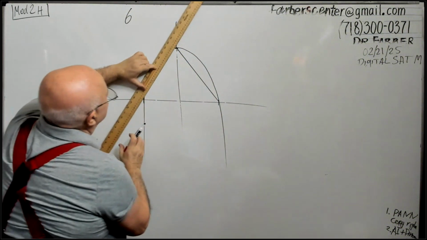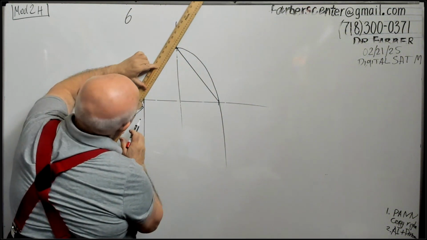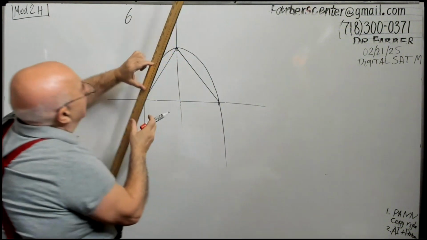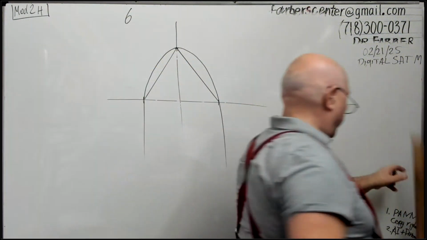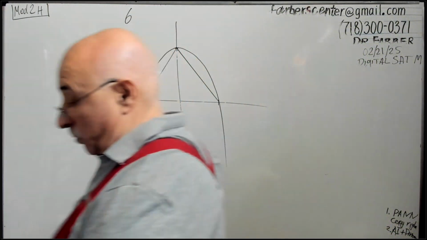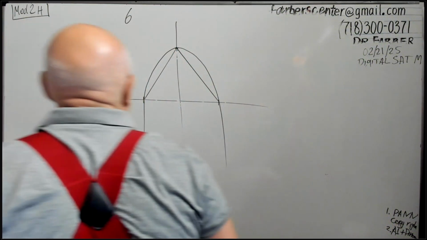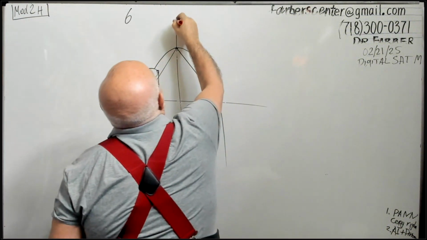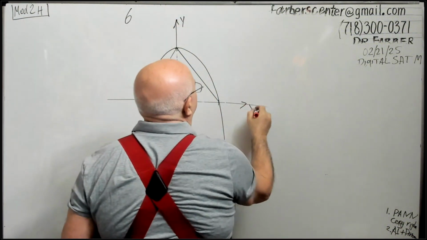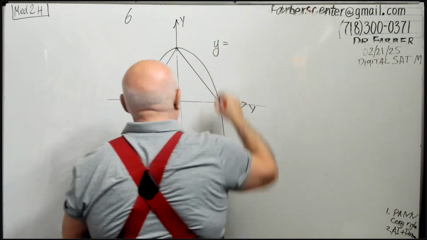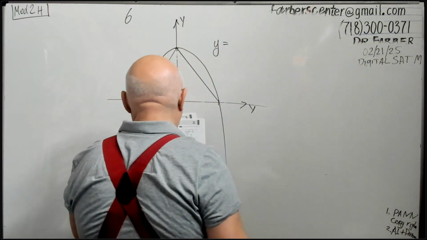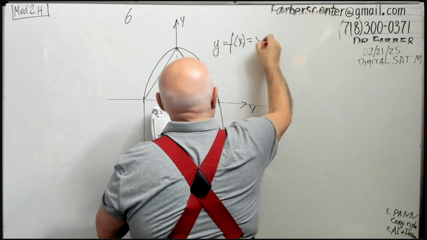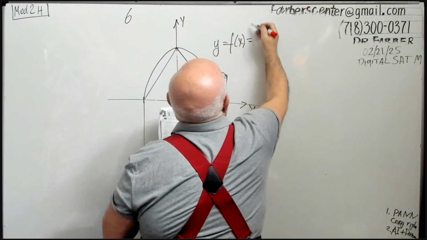And these 2 points, and this graph, they provide the equation of the graph. Y equals f of x equals negative x squared plus 16.